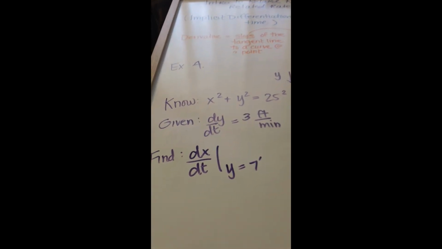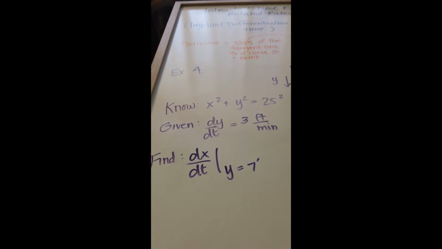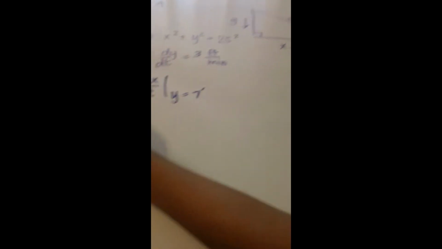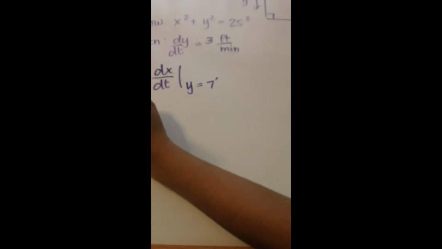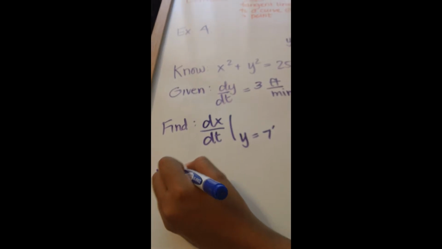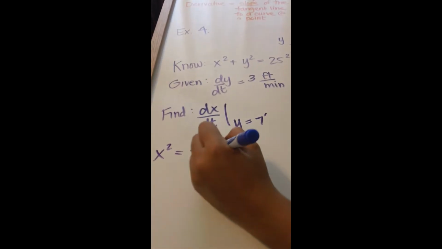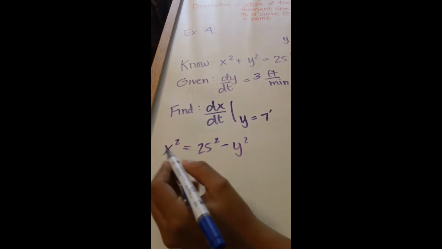Well, first it would make more sense if we found x before we started anything else. Taking our known equation, x squared equals 25 squared minus y squared.